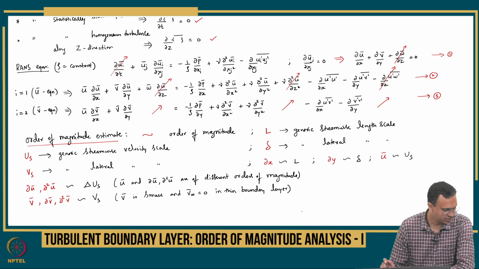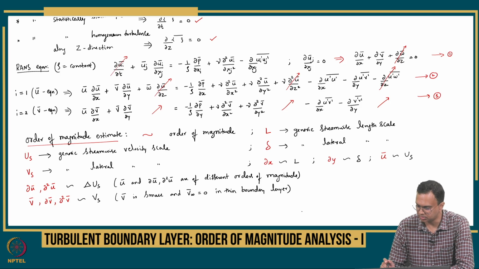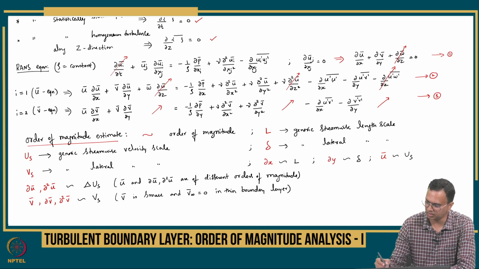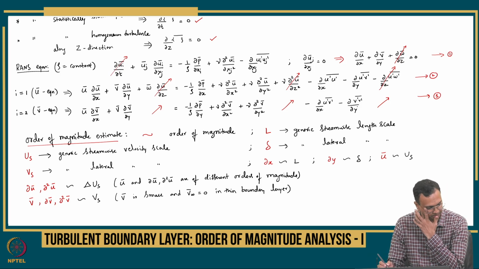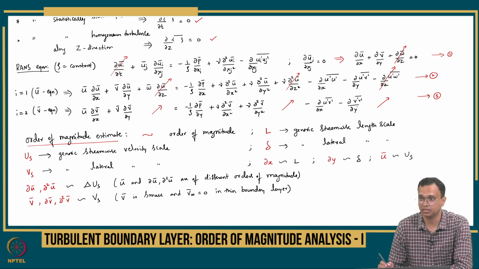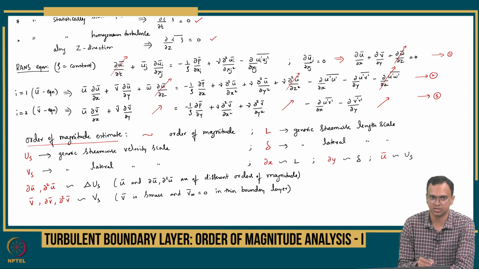Okay. Then I have the Reynolds stress components, right? I have U prime bar, U prime V prime bar, and other components. Here I am going to take the same turbulence velocity scale. I cannot use Us and Vs because those are the mean momentum. For turbulence velocity, I want it to be different.